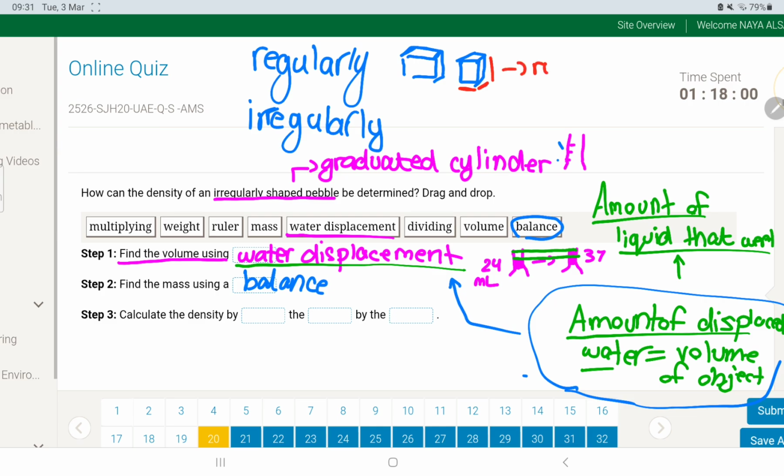How? Using a ruler. Okay? So for regularly shaped objects, you use a ruler. Now for irregularly shaped objects, we just use the graduated cylinder, which is basically water displacement.